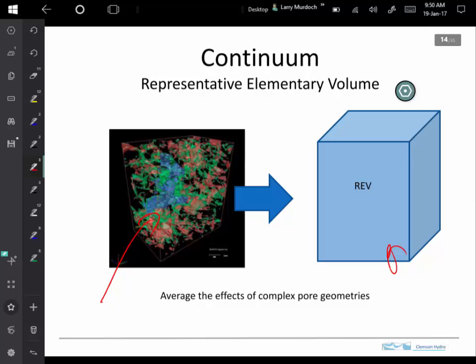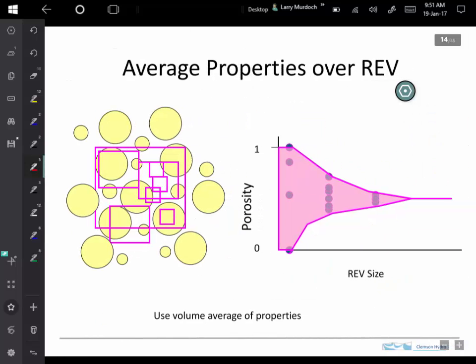The properties are continuous and uniform within that block, but they may vary, but within this kind of a scale, we can use the average properties of stuff on that side.